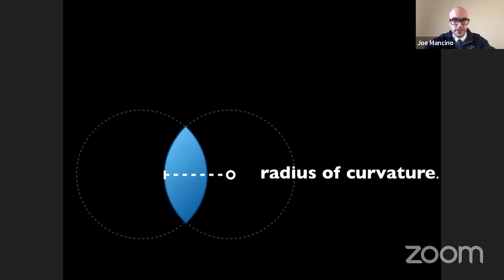I know it's difficult to think of spheres overlapping in three-dimensional space, but if you have really good spatial reasoning, you might be able to imagine two spheres merging together, and the place where they overlap is where that lens is. The radius of curvature really is just the radius of one of the circles.